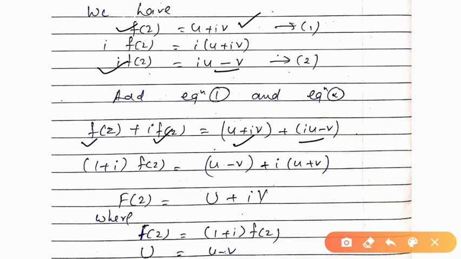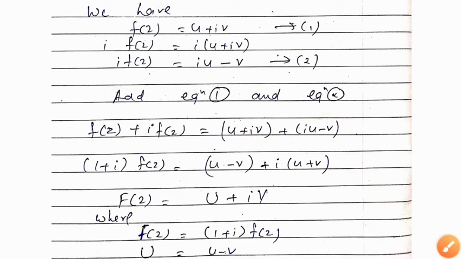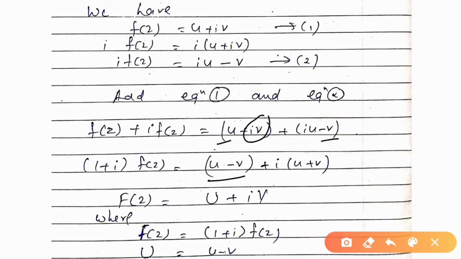Now I will take the real and imaginary parts together. Here the real parts are u and minus v, so this is the real part. Real part means the part where there is no i. From the rest of the part I take i common, so I get i into (u plus v). And from the LHS we take f of z common, so we are left with (1 plus i) f of z.